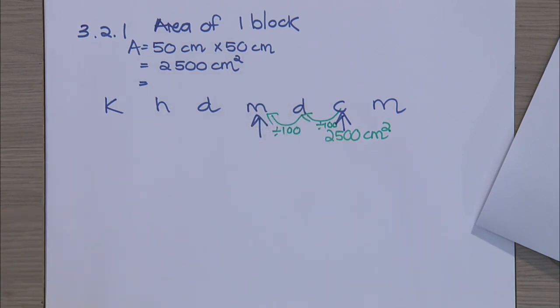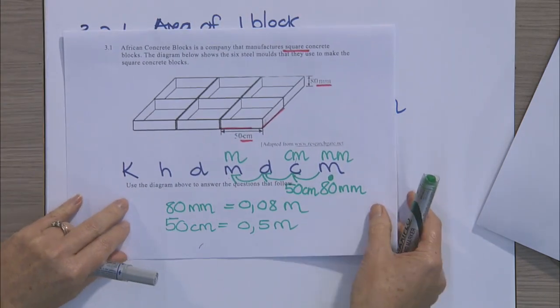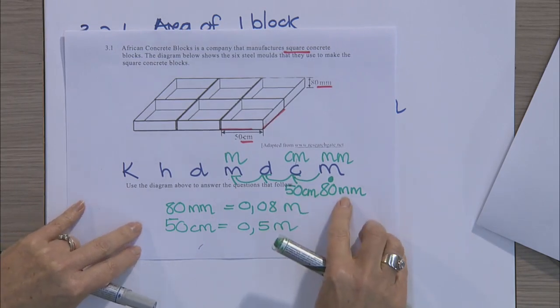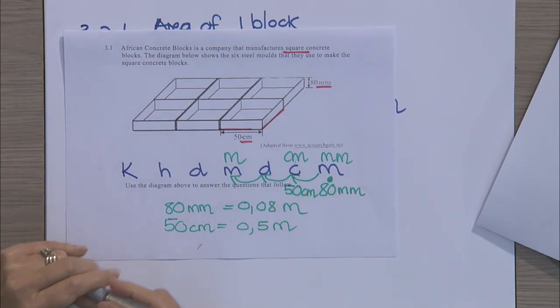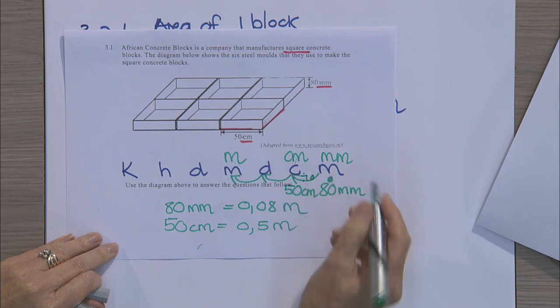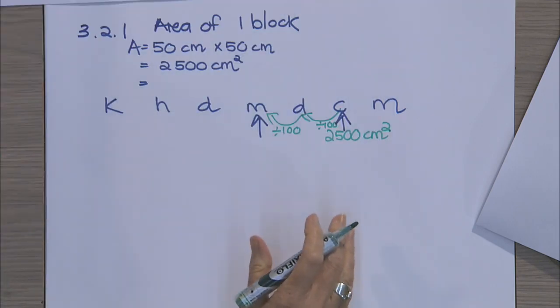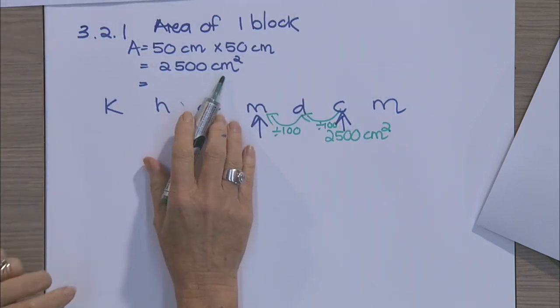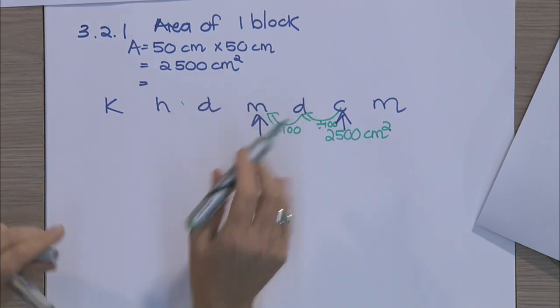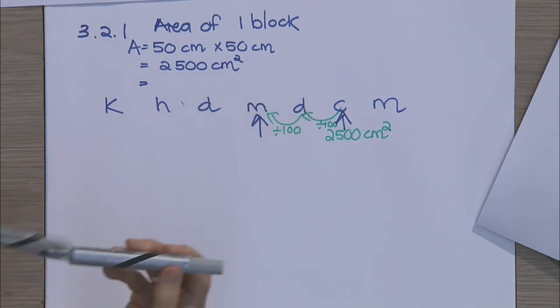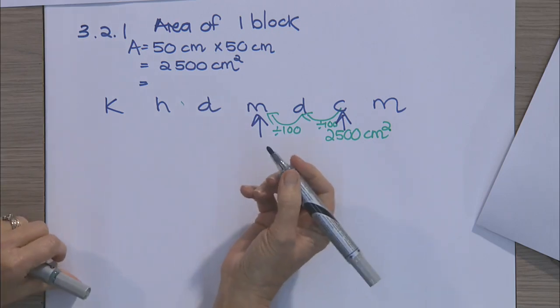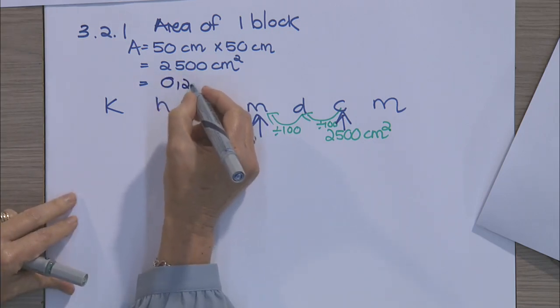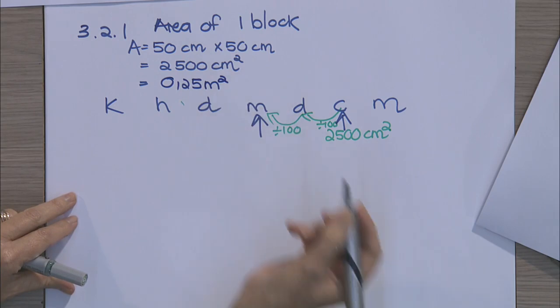In the previous question, where I showed you how to do conversions, we converted only in length. That is why each jump was only 10. Now we are converting this in area. That's why each jump is now 100. The answer is 0.25 meters squared.